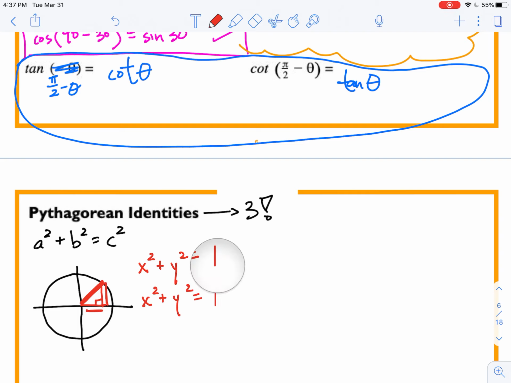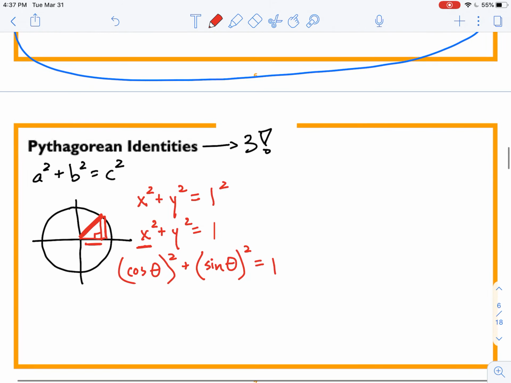And then, as I mentioned a few slides ago, the x value on the unit circle was really cosine theta. So I can replace x with cosine theta, and I can replace y with sine theta. And I'll get something that looks like that. Now, mathematicians don't like to write extra things if they don't have to, so in this case I would consider the parentheses to be extra.